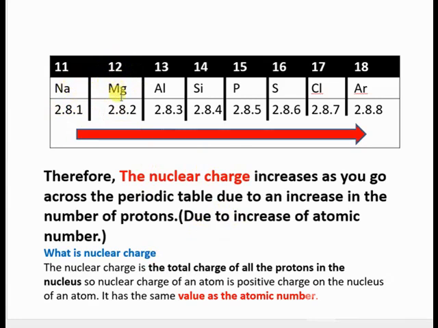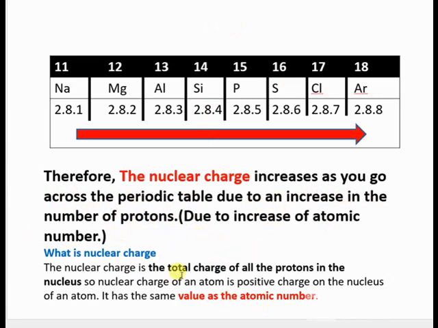So 18 has a very high nuclear charge, or force of attraction, compared to sodium. Nuclear charge increases as you go across the periodic table due to an increase in the number of protons, because the atomic number increases as you move across the period.